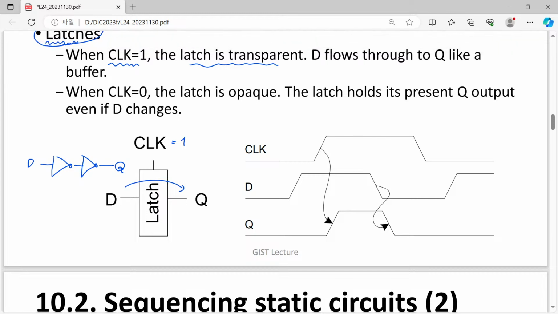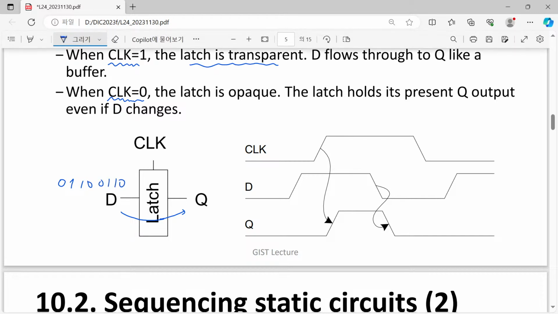But the point is, when clock equals 0, the latch is no longer transparent, and Q is disconnected from its D value. For example, although D changed from 0, 1, 1, 0, 0, 1, 1, 0, if clock equals 0, then Q just keeps its previous value.